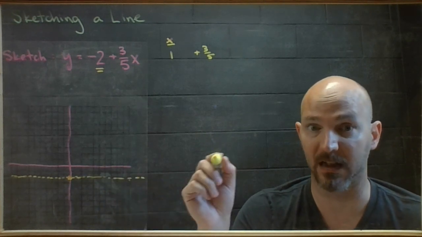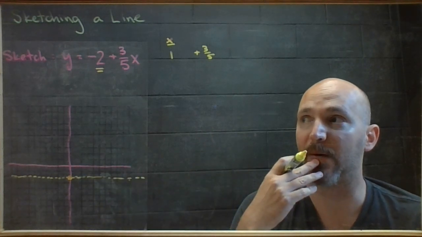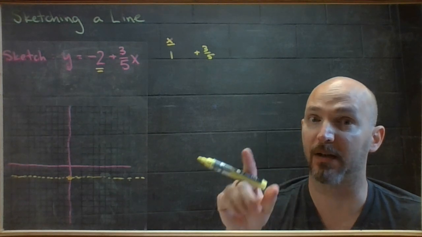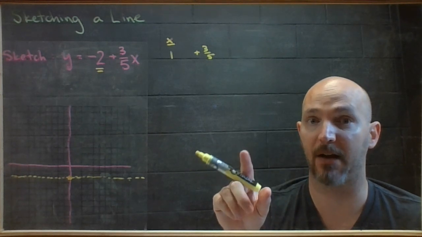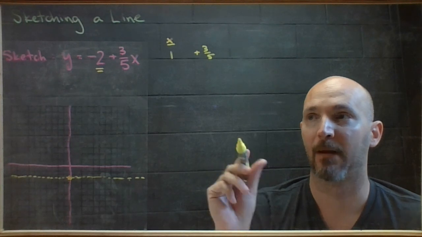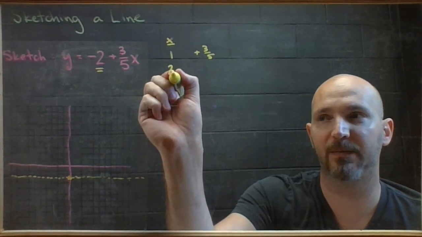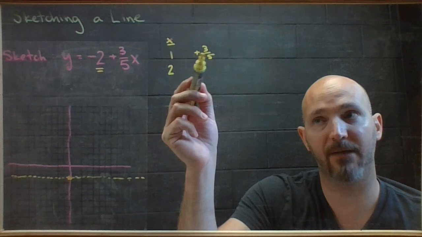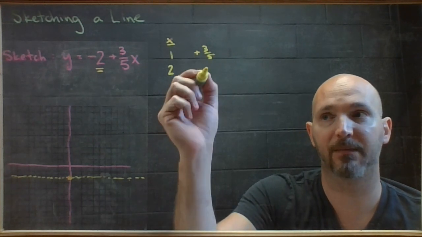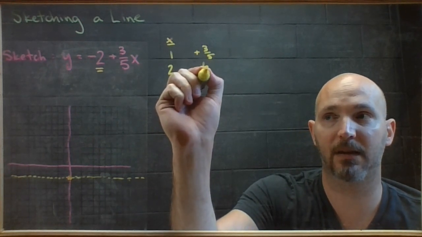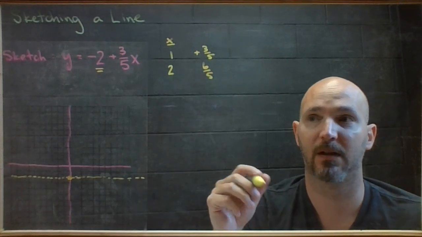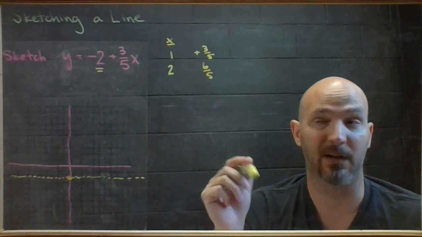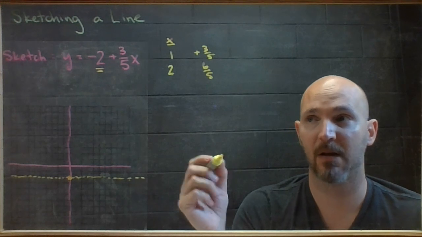It's just going to be a guess. So instead of working hard or working messy, I'm going to let this pattern play out a little bit. Because when x is 2, I have to add another 3/5. That makes 6/5. Now that's still horrible. I don't know what 6/5 is.